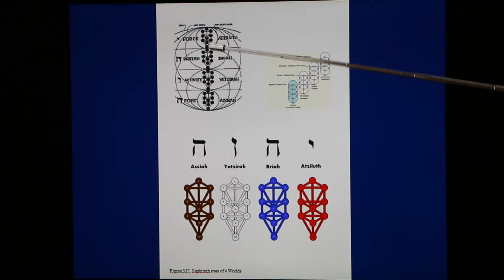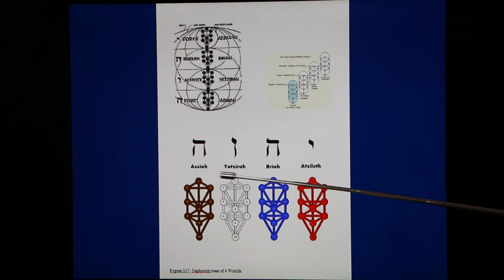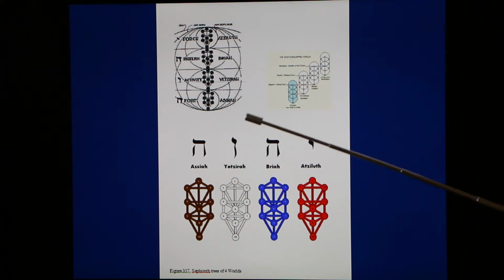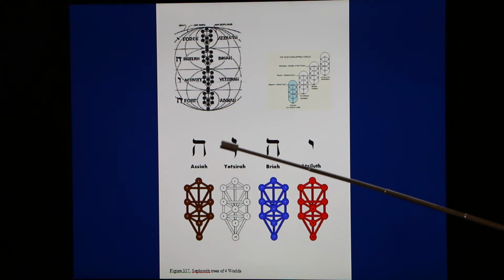So the 4 worlds each has its own Sephiroth tree, and those 4 worlds can then be summarized in a letter. So Atzilut, Bria, Yetzirah, Asiya is Yot Ha Vav Ha, which is again the word for Yahweh.